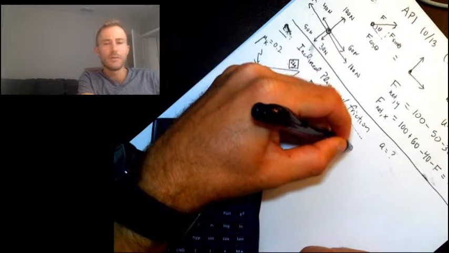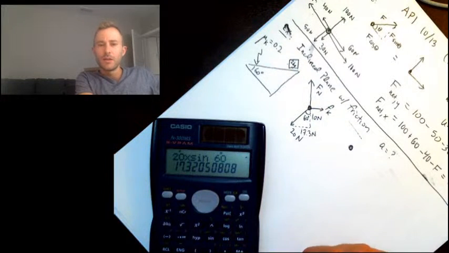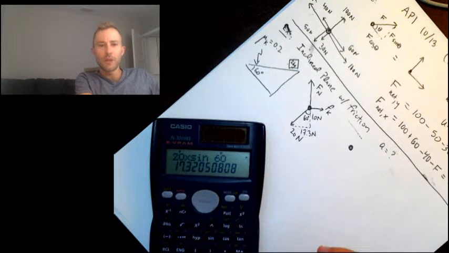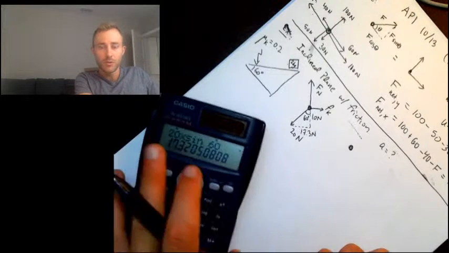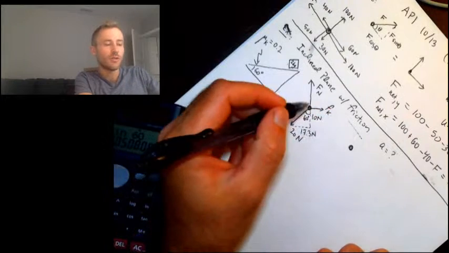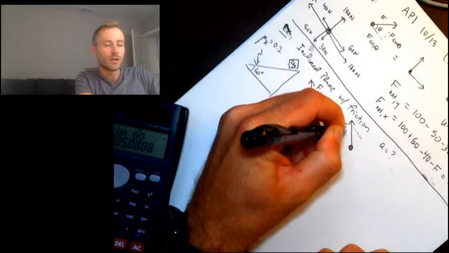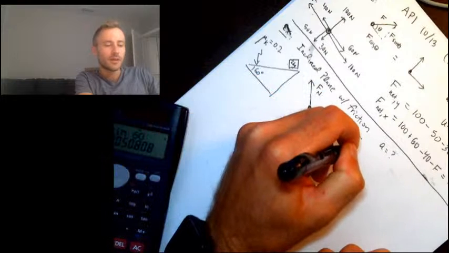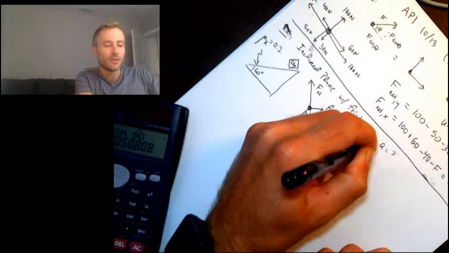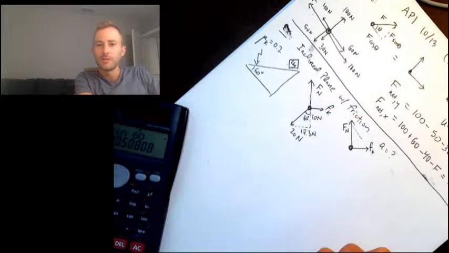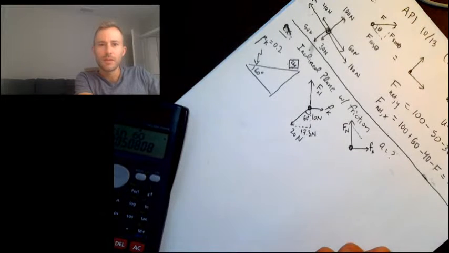So now what we are going to do is redraw the free body diagram with all of the forces being either vertical or horizontal. Okay, so I redraw it. Normal force is going up. Kinetic friction is going to the right.